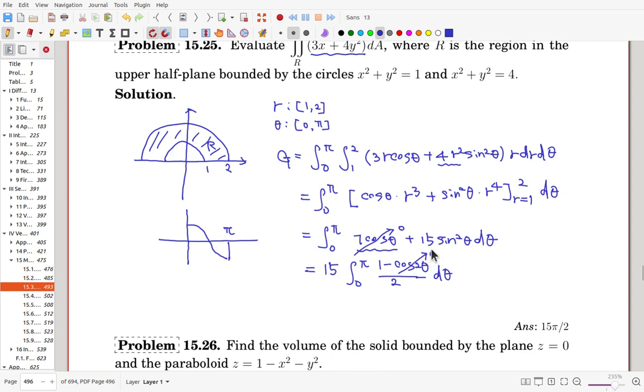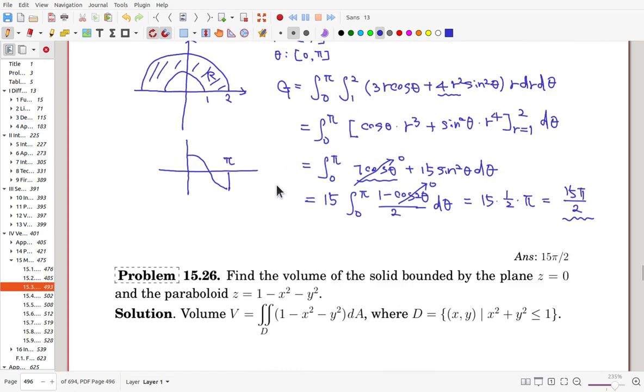So we ignore this portion. So there's a half. Now, the 15 and constant half, and interval length is pi. So eventually we get the final answer 15 pi over 2. That's the final answer. Okay.